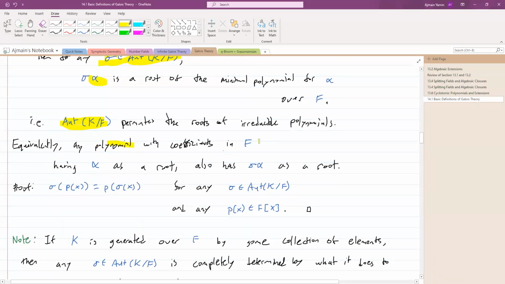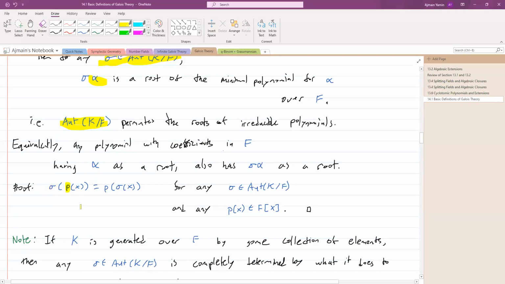Any polynomial with coefficients in F having alpha as a root also has sigma of alpha as a root. The proof is that any automorphism applied to a polynomial p of x is that polynomial evaluated at sigma of x. This is because automorphisms preserve addition and multiplication. What is a polynomial anyway?